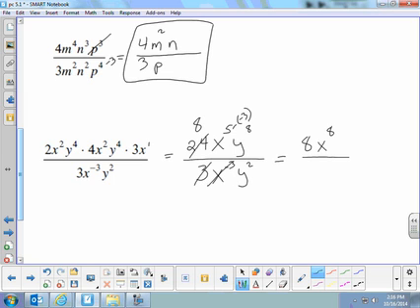Look at my y's. I'm going to have more y's on top, so it's going to stay on top. 8 minus 2 is 6. I have a 1 in my denominator. We don't typically write that, so I'm just going to rewrite it as 8x to the 8, y to the 6. There we go.